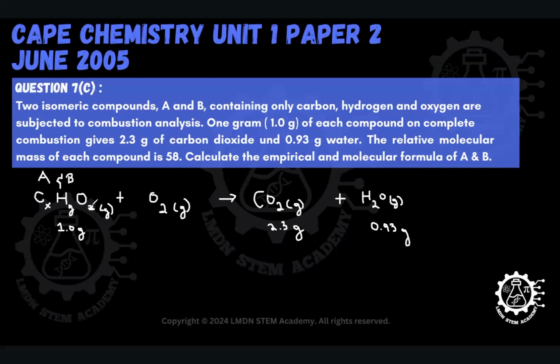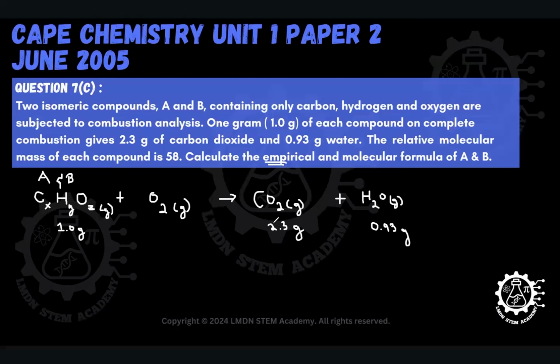However, because we're being asked to find the empirical formula first, which is an experimental formula, right? We're just going to look at the experimental amounts of each isomer that we combusted, which is 1.0 grams of it, and we were able to form 2.3 grams of carbon dioxide and water. The first thing we're going to think about is, remember the law of conservation of mass, right?